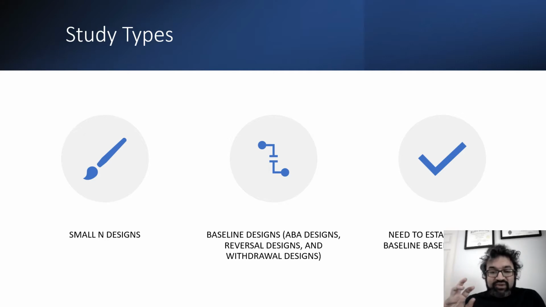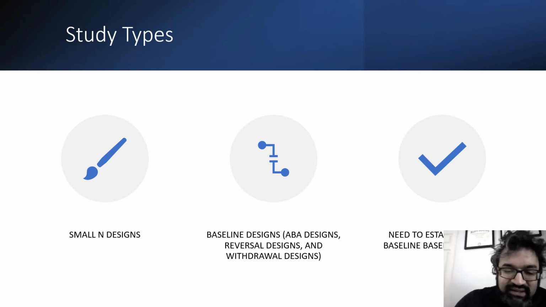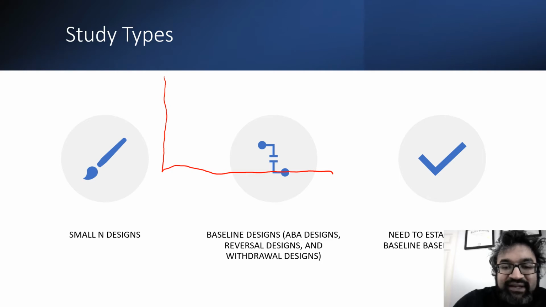And I'm just going to show you on a basic level what this means. You need to establish some sort of baseline based on established criteria. So just think about what one of these findings would look like.